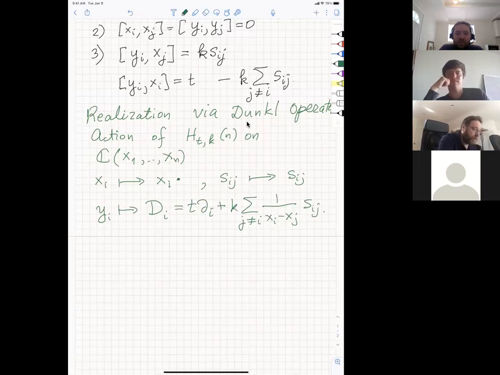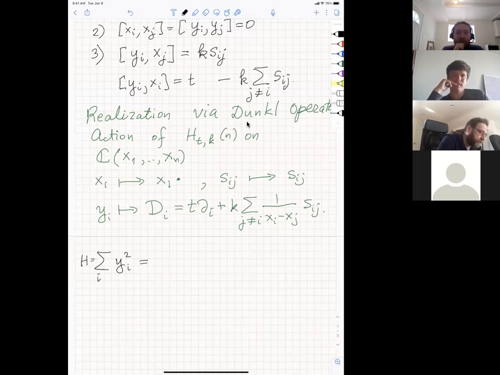And then one may consider the operator sum over i of y_i squared, and we can call it H. And so you can compute it.